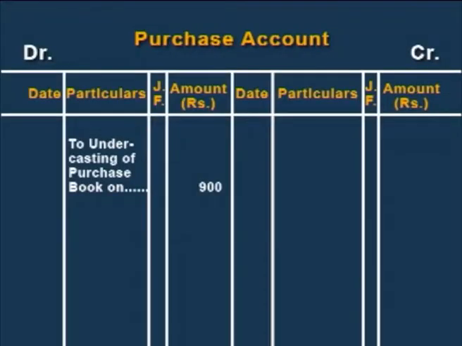Recall that during our previous lecture, we understood that as the error is a totaling error and is related with a subsidiary book, it has affected one account only, purchase account. Further, I hope you remember that the effect of this error is finally transferred from purchase book to purchase account. Further, we understood that as undercasting errors decrease the total of the connected book, that ultimately results in decrease of total of connected side of related ledger account.